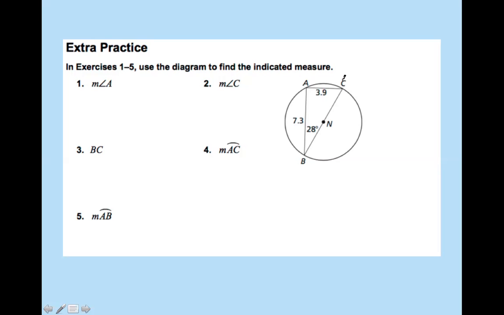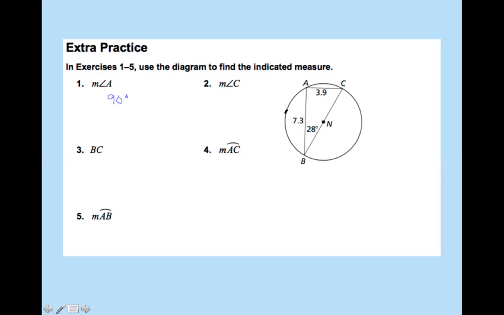The longest side of the triangle is a diameter. So I know that triangle BAC has to be a right triangle. The diameter is the hypotenuse, and opposite the hypotenuse is always the right angle. So the measure of angle A has to be 90 degrees.